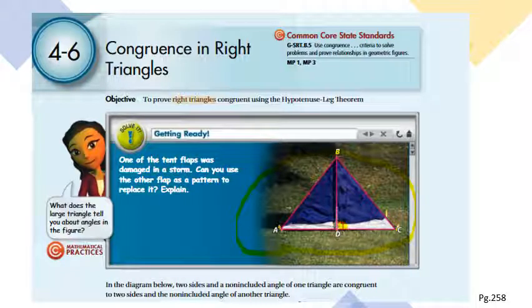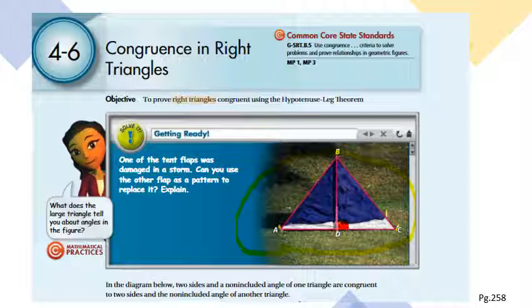What is the meaning of this mark? Here, it's what? Right angle. So if in this triangle the angle is right, then we can call it a right triangle. Is it right?